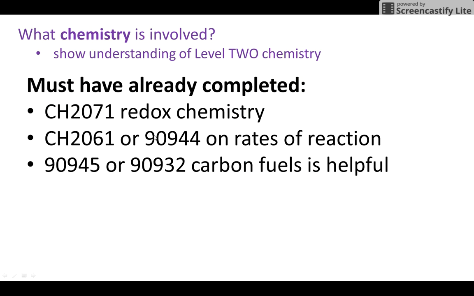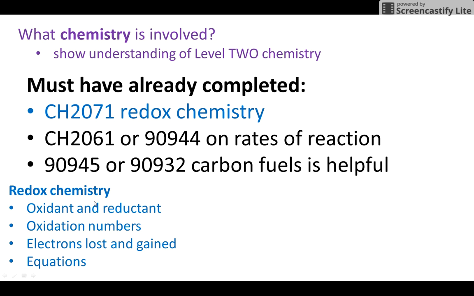Then you have to demonstrate the chemistry of the catalytic converter. So the level 2 chemistry you need to know is the 91167 redox chemistry, the rates of reactions, either 91166 or you can get away with what you've learned at level 1 if you did the 90944 standard, and complete and incomplete combustion that are done in fuels at level 1 or the carbon exam is also helpful.